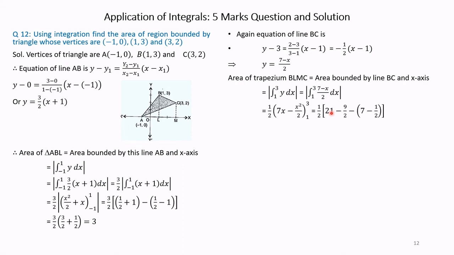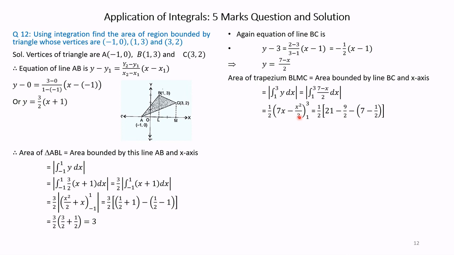Therefore, integrating, we get the integral of 7 dx is 7x, minus the integral of x dx, which is x square by 2. So x square by 2 is written here, with limits 1 to 3. That is equal to half, which we have already taken outside, into: if you put the upper limit x equals 3, 7 into 3 is 21 minus 3 into 3 is 9 by 2.